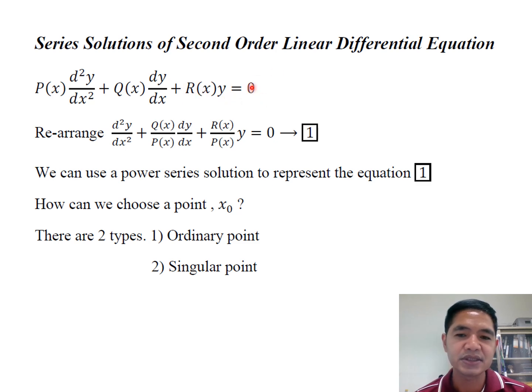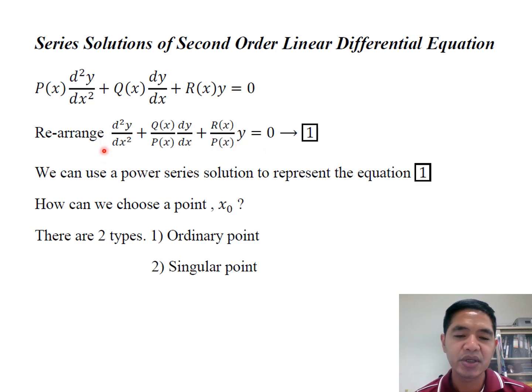Equal to 0 is the linear form of second order. In this form we can rearrange to get equation 1, which is d squared y over dx squared plus q(x) over p(x) times dy over dx plus r(x) over p(x) times y equal to 0.